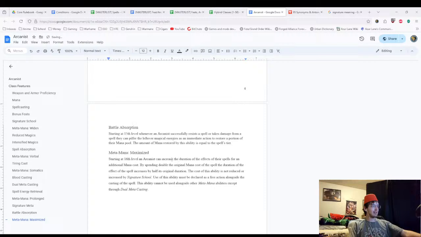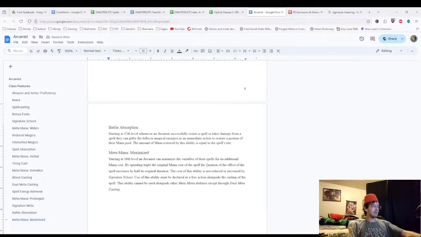At 16th level, the Arcanist can maximize the variables of their spell by spending triple the original mana cost of the spell.